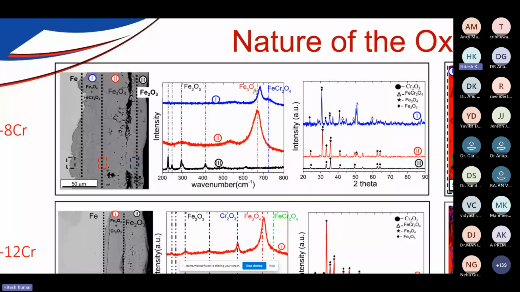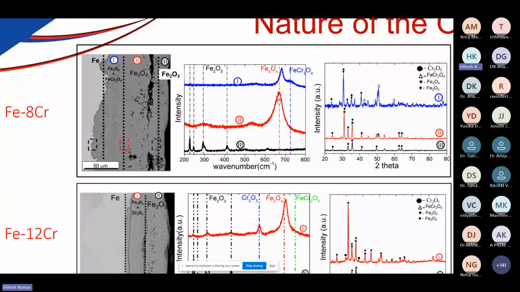The second, which has a columnar structure, again confirming the columnar growth, is Fe3O4 magnetite, again a spinel structure. And the last one, which has a corundum structure, is hematite, Fe2O3.